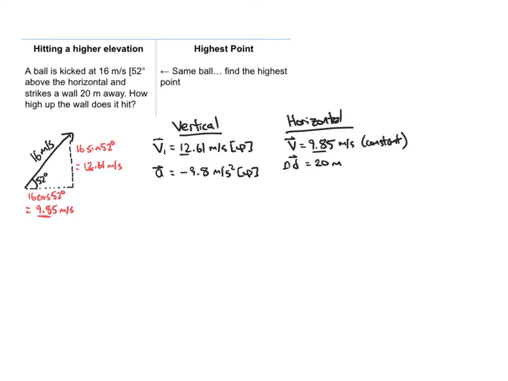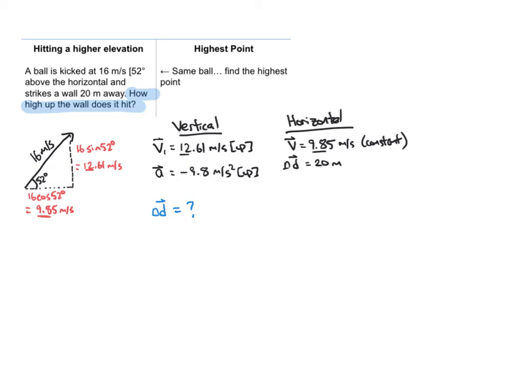And the question is asking me, how high up the wall does the ball hit? So that's a vertical piece of information. That is the vertical displacement, how high. So I left a little bit of a space there because two values is not enough to get the missing value for the uniform acceleration formulas.